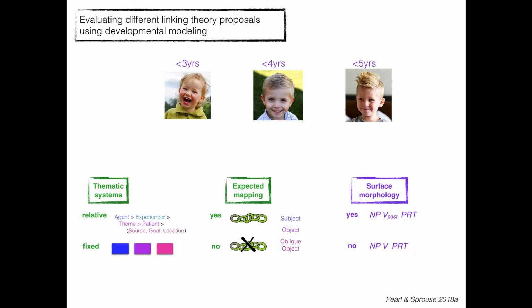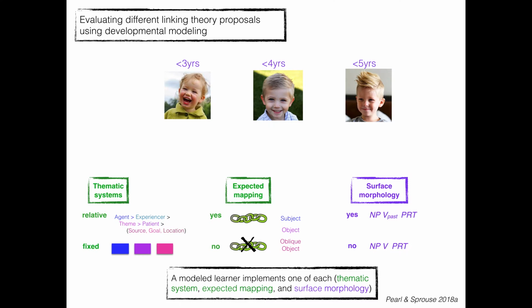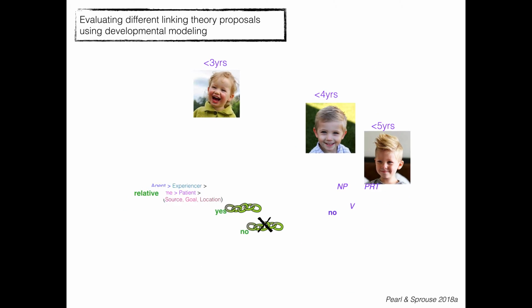And we're also encoding in the data intake part, are you paying attention to the surface morphology on the verb, or aren't you, right? So each modeled learner is going to implement one of these: a thematic system, an expected mapping assumption, and something about surface morphology. And these are the ones we're going to run and see which ones are best at matching the observed classes in 3 and 4 and 5 years old.